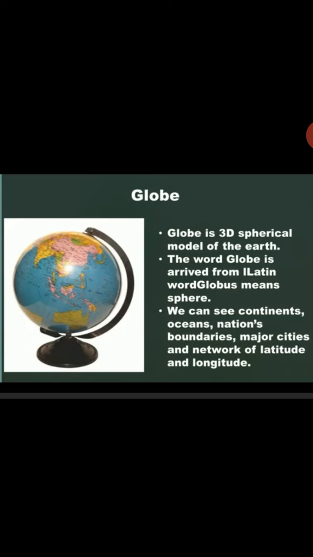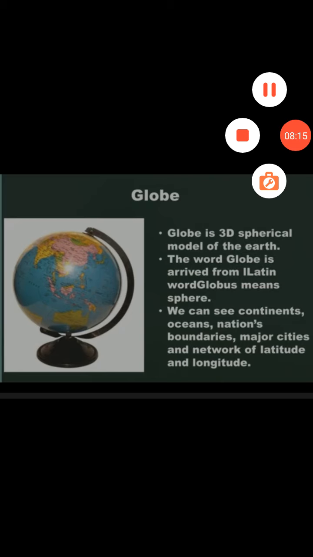We can see continents, oceans, nations' boundaries, major cities and the network of latitude and longitude. So you have to note down all these points in your notebook, as well as the points of the map also. Okay, it will help you in learning the questions related to globe and map.